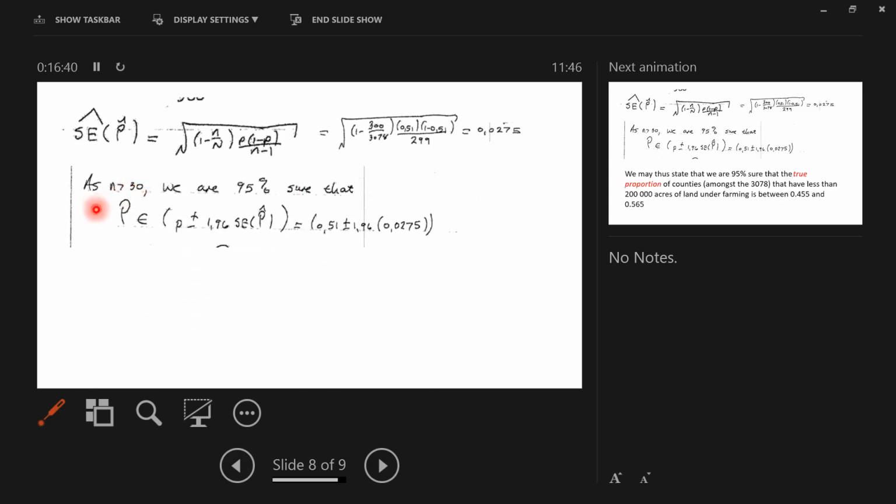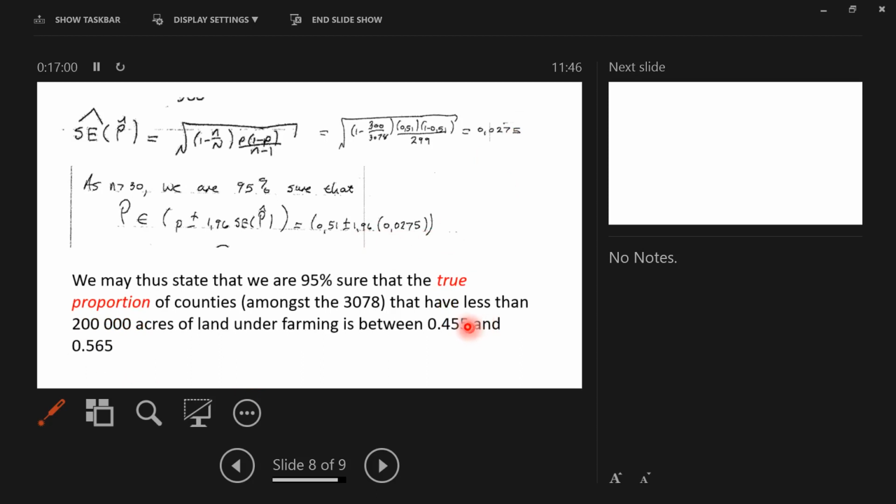So therefore we say we're 95% sure that the true value of the proportion of counties with less than 200,000 acres of farming land is p, which is 0.51, plus or minus 1.96 or 2, it doesn't matter, times the standard error, and you work it out to be between this and this. So in my sample, we selected 300 out of 3078, and we found that 0.51 is the proportion of counties with less than 200,000 acres of farmland.